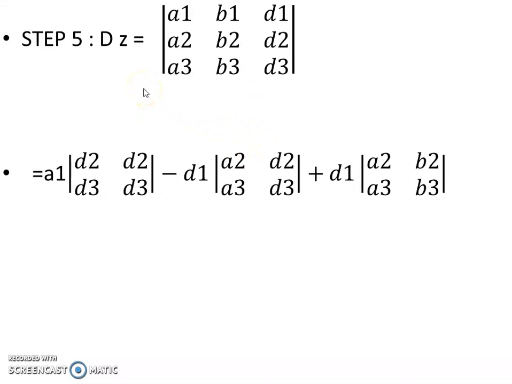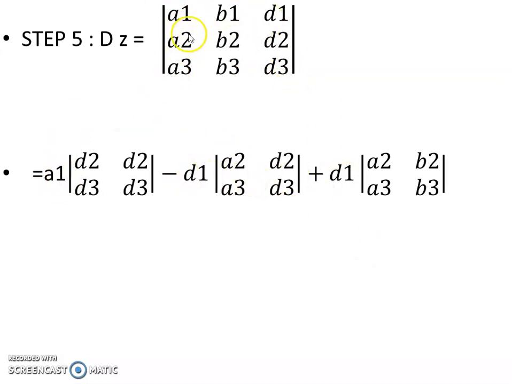To derive dz, instead of the z coefficients C1 C2 C3, we have to put D1 D2 D3, the constants available on the right hand side. The same procedure is applied. A1 remains the same, B1 is here and D1 is here.